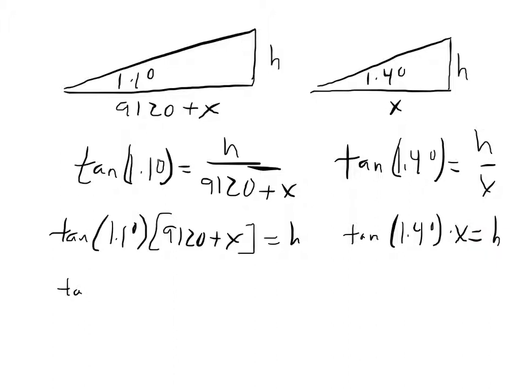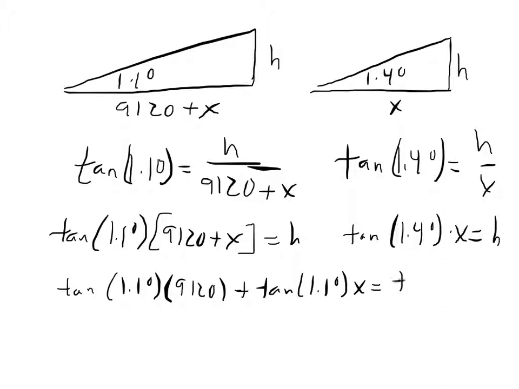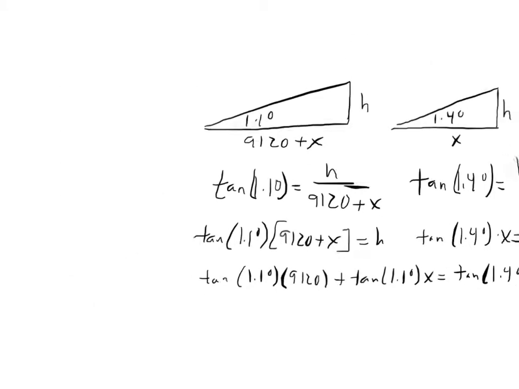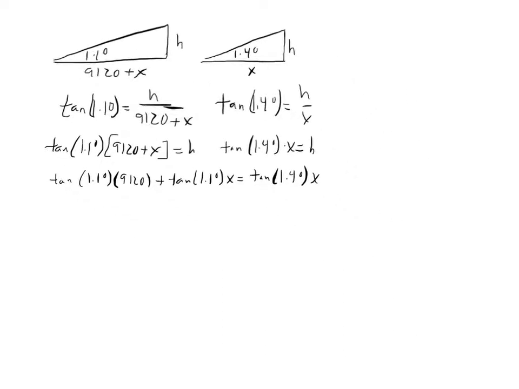So I'm looking at tangent of 1.1 degrees times 9120 plus tangent of 1.1 degrees times X equals tangent of 1.4 degrees times X, and I'm looking to solve for X. If I get the tangent X expressions on one side and factor out an X, I'd be in pretty good shape. So let's see what happens.